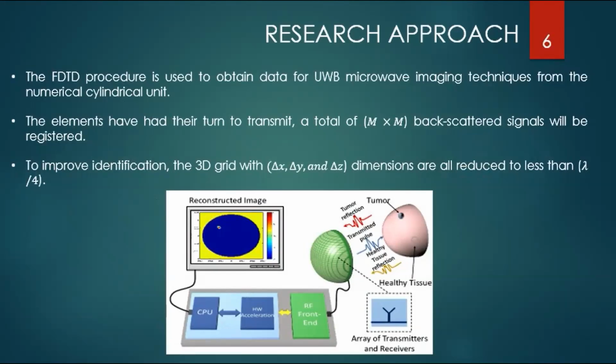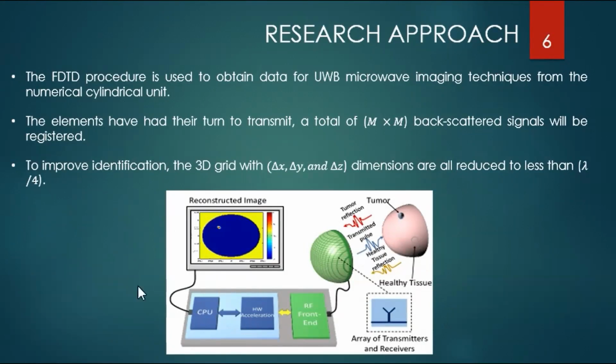The FDTD procedure algorithm is used to obtain data for ultra-wideband microwave imaging techniques from the numerical cylindrical units. This is the tumor, and this is the breast phantom. We started using the algorithm in order to connect and record the results and the data through the computer and the CPU.